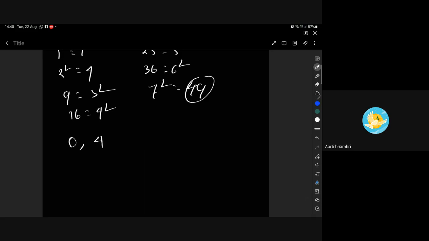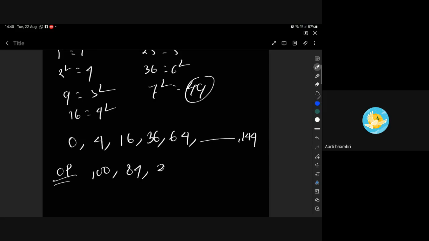Now 0, 4, 16, 36, 64, then blank, then 144. Now find out this one. The options are 84, 96, 100, and 120.